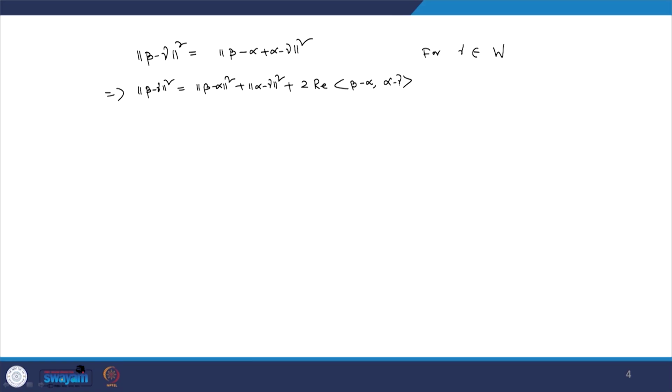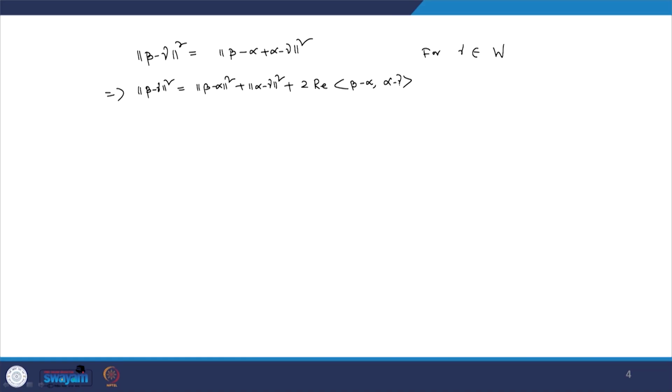Already we have learned that this expansion can be written like this, using the standard definition of the inner product, please.